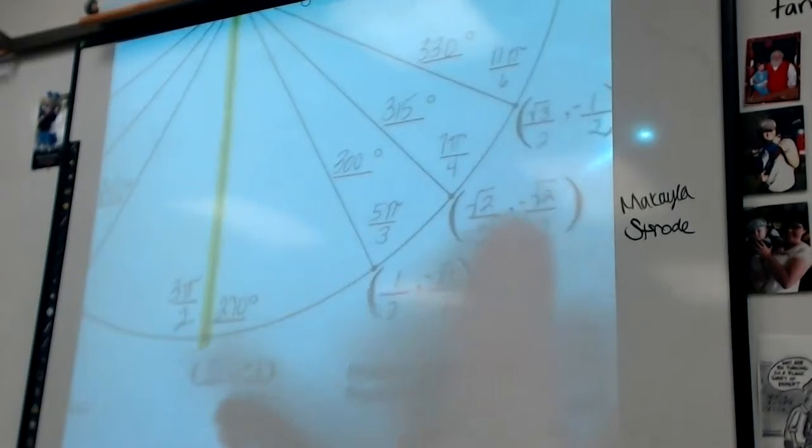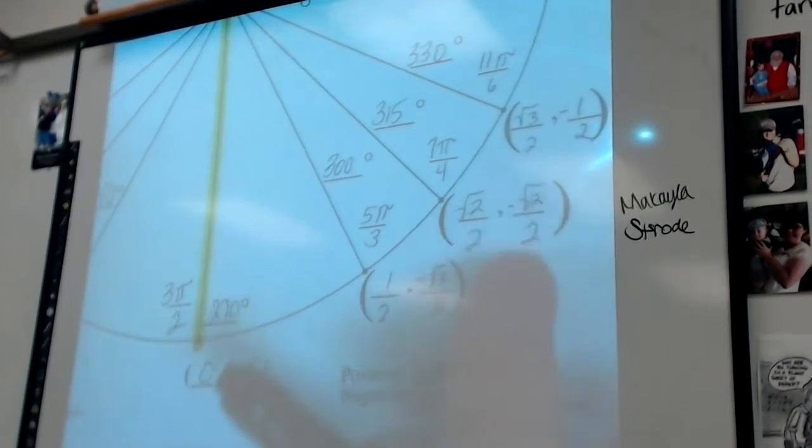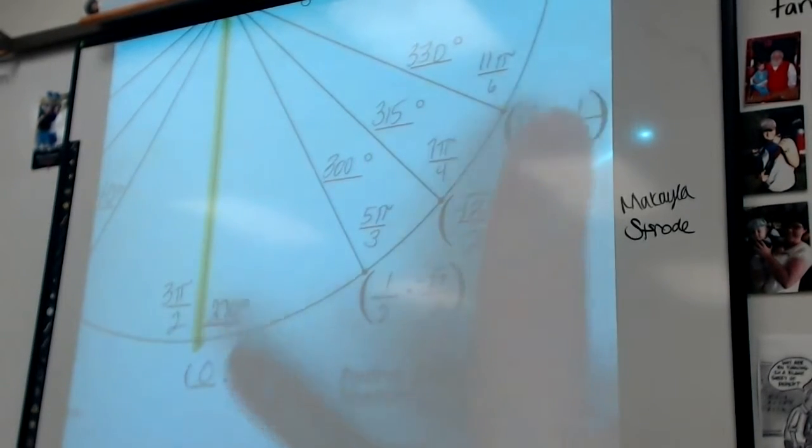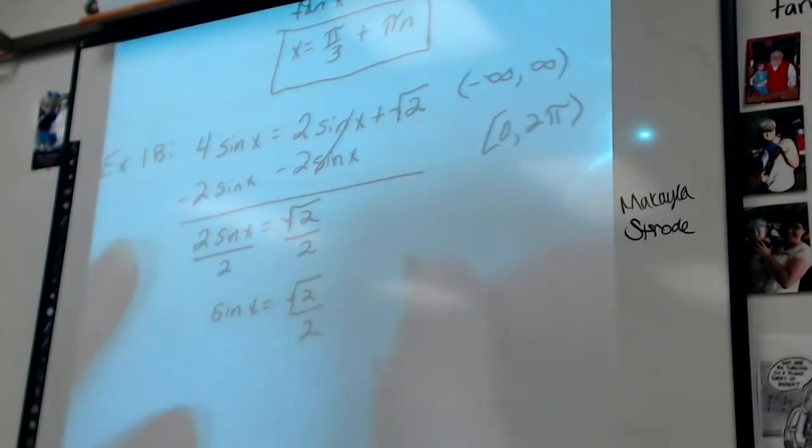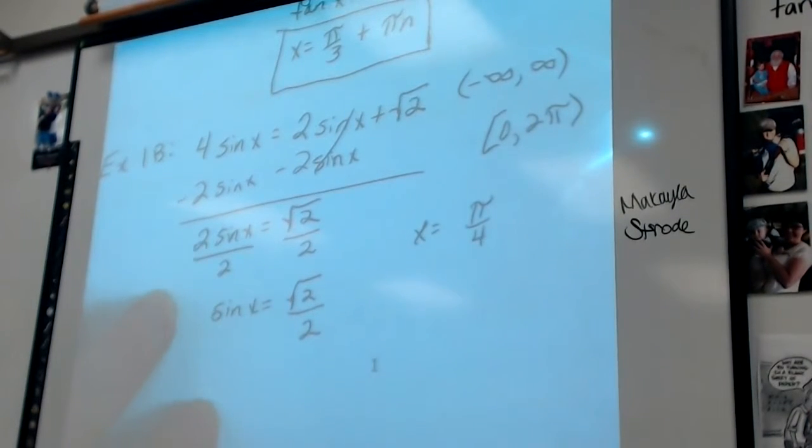And over here at 7 pi over 4, your y is negative. So x equals pi over 4 and 3 pi over 4. Yeah, that's right.